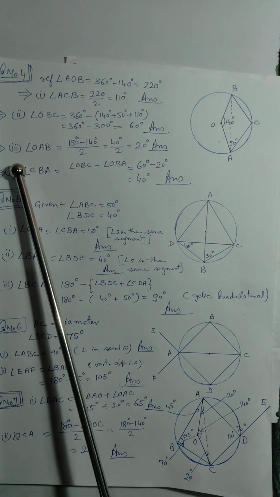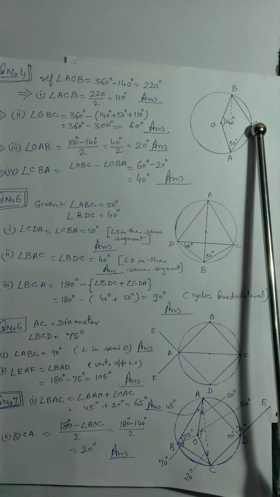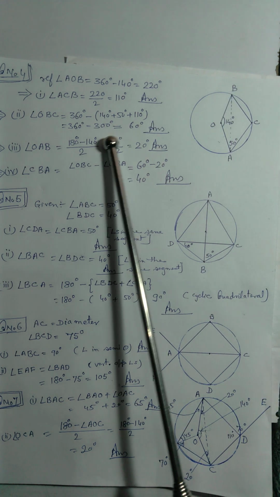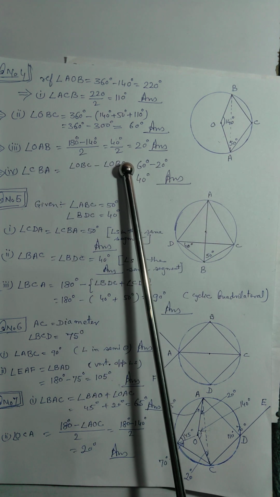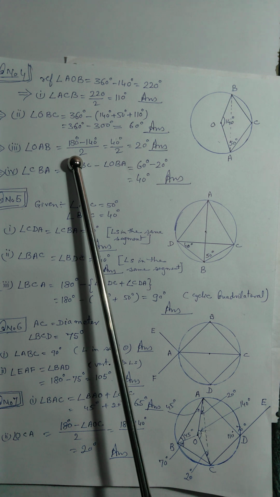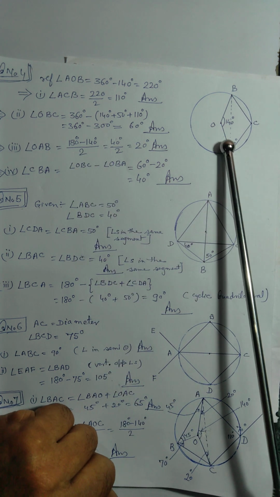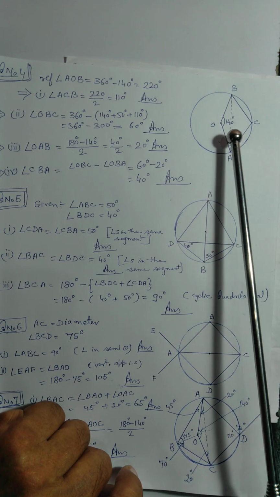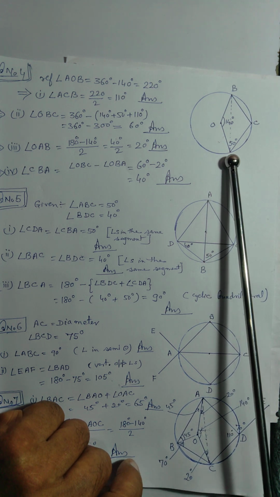Now come to the third part, OAB, smaller one. OAB will be equal to 180 minus 140, because OAB is an isosceles triangle, because OA is equal to OB, radii of the same circle.